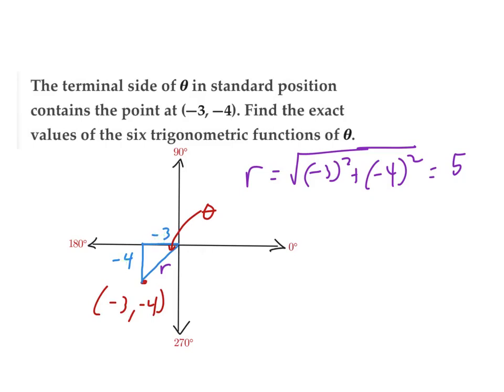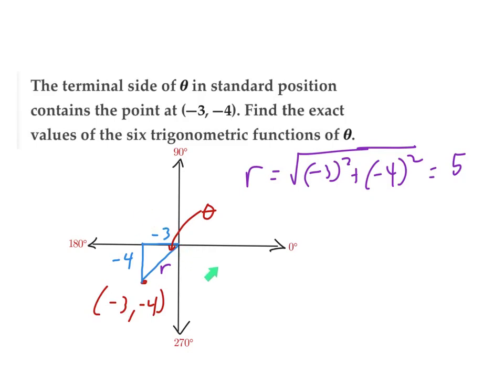One of the things that came up on the quiz: some of you got negatives for some of your answers when typing in your calculator, and you questioned whether you could have that. The truth is you can, and it's based off of where that angle in standard position ends up. Down here in the third quadrant, x and y are both negative, which means the sine and cosine are going to be negative. If there was a point in the second quadrant where x is negative but y is positive, then the cosine will be negative and the sine will be positive.